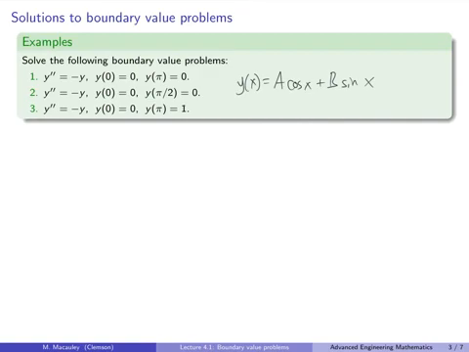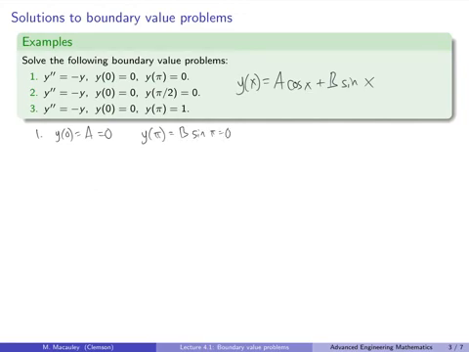Okay, so this first one, let's plug in 0 and then plug in pi and set them both equal to 0. So y of 0 equals a, which is equal to 0. So that kills off the a term. And now y of pi, the a is already gone. We don't need that, so let's just write b sine of pi equals 0.